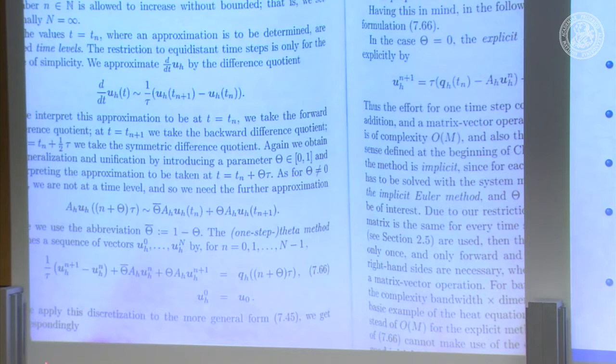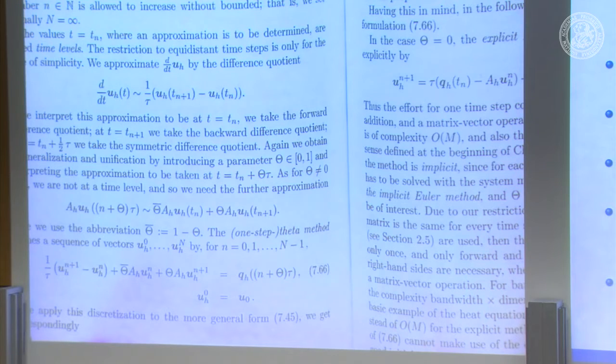And then all the other ones are supposed to fulfill those equations here. So the time derivative is substituted by this difference quotient, and the spatial part at some time t is substituted by this convex combination. And correspondingly, as we now interpret this at this point in time, we also take the right-hand side at this point in time.